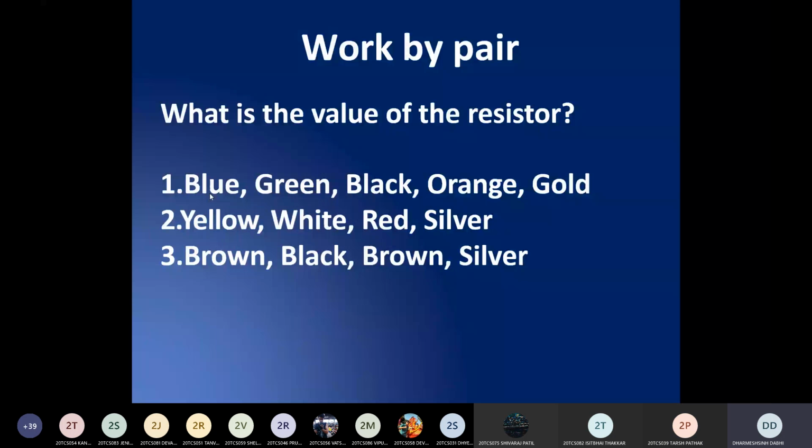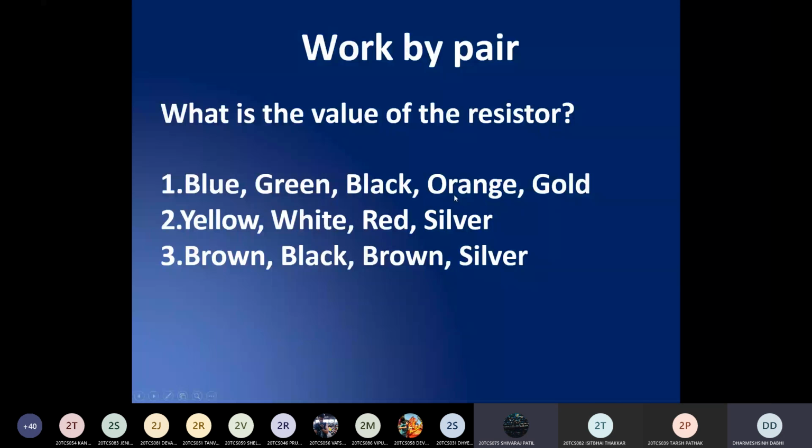Then green has 5. Then black, 0. Then orange, 3. So here orange is the third color, so it is a multiplier. Yes or no? Yes, sir. So the value is 650 into 10 raised to 3.